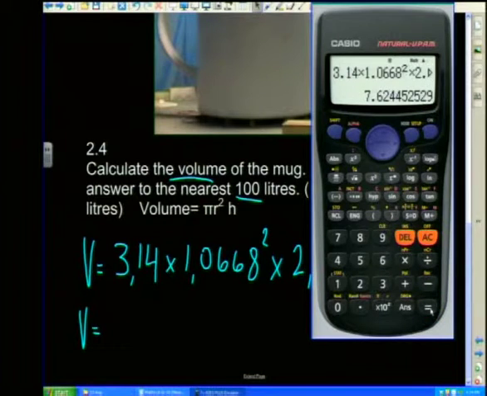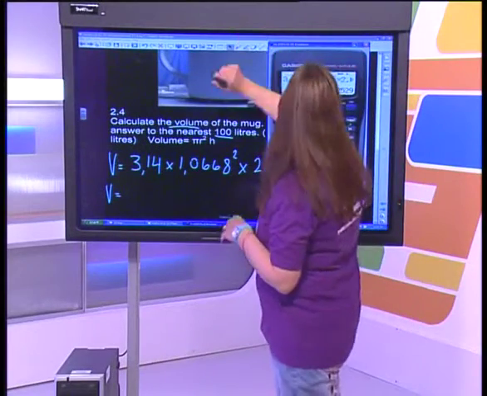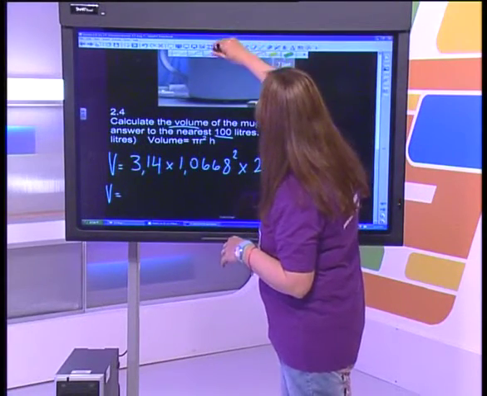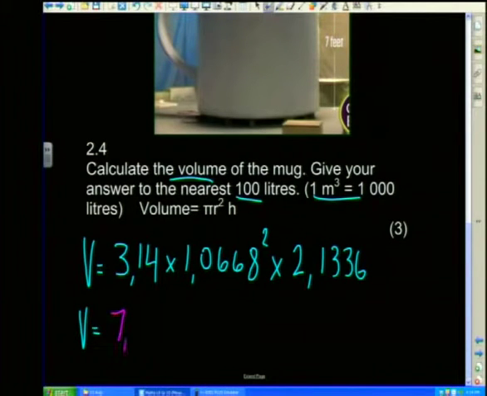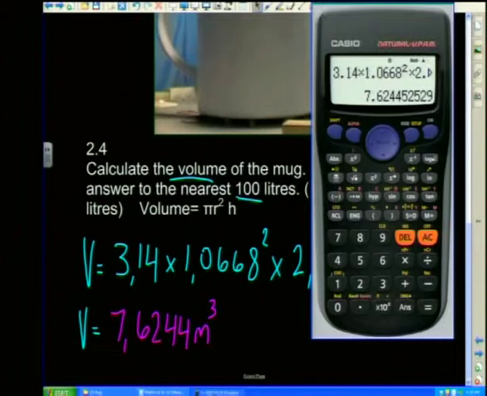Right, and let's get our answer. We got 7,6244. I'm going to leave it at 4 decimal places. So we've got 7,6244 meters cubed.